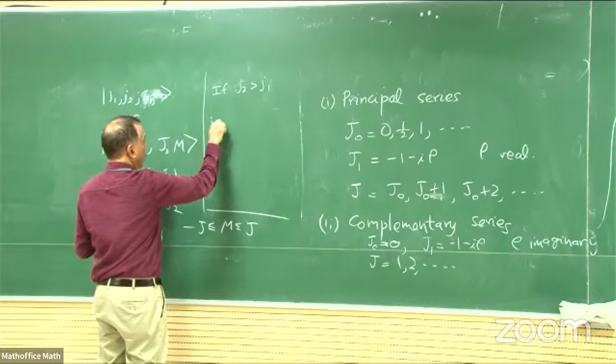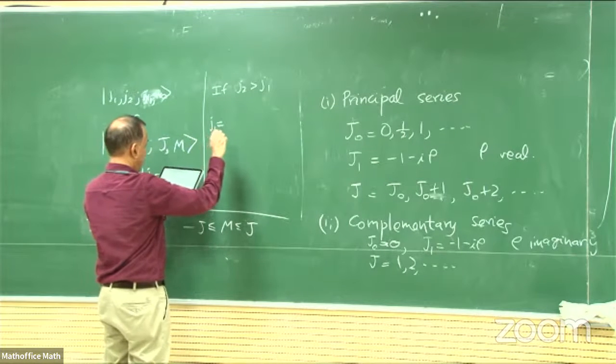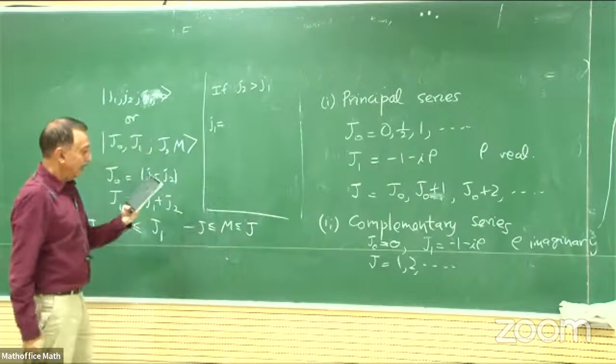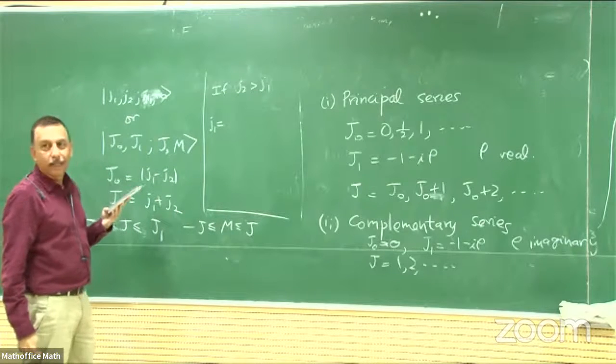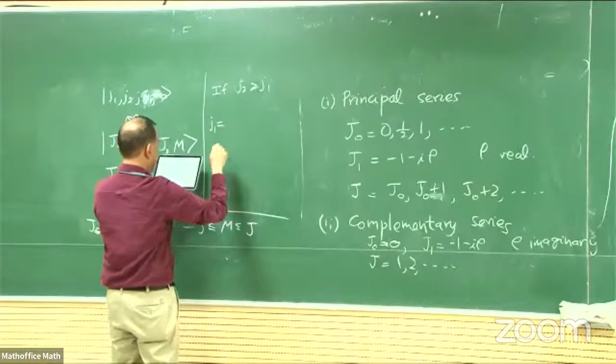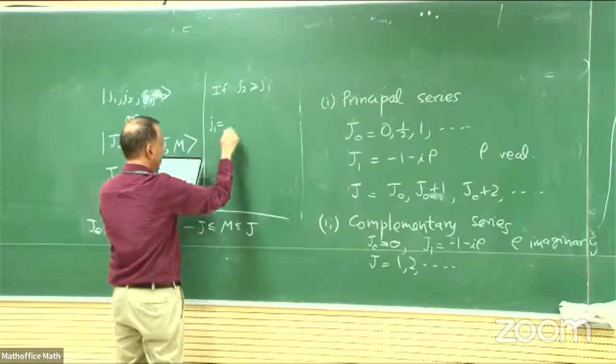Then J1 is equal to, yeah. So of course, both are complex. So you may ask how they can be greater and or less than each other, but it turns out they have the same imaginary part. So you can actually compare them. So their difference is real.